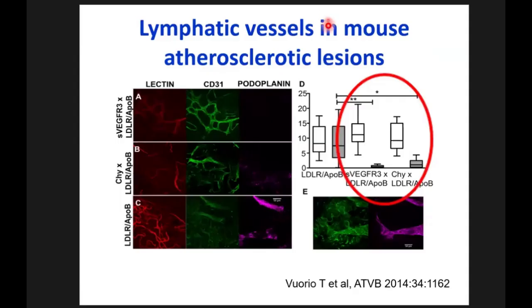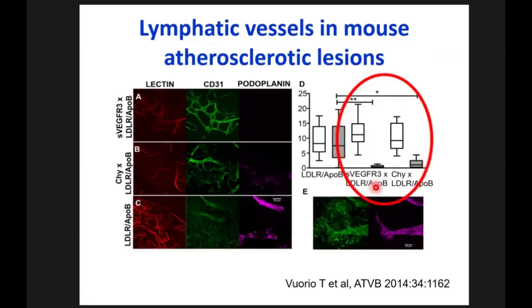The first picture is just to double check whether something happens to lymphatic vessels in these mice, and these are atherosclerotic lesions. From here in red circle this soluble VEGF receptor 3 mouse, and then the Chy mouse. The white bars are adventitial blood vessels, and then gray bars are the lymphatics with LYVE-1 immunostaining.